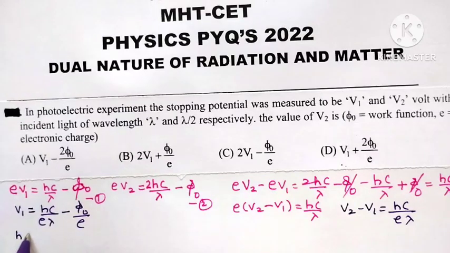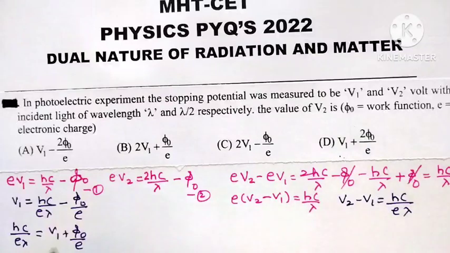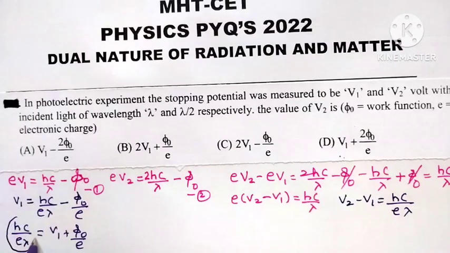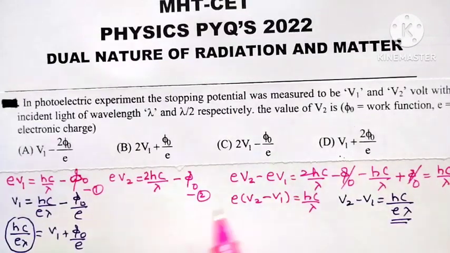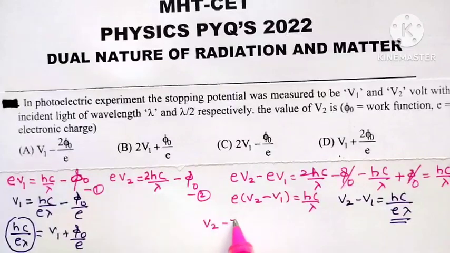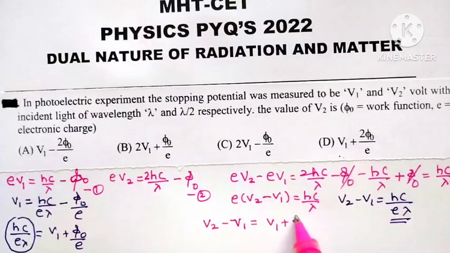Or we can say hc divided by e lambda is equal to V1 plus phi 0 divided by e. So let us put the value of hc upon e lambda in this equation. We will get V2 minus V1 is equal to V1 plus phi 0 divided by e.